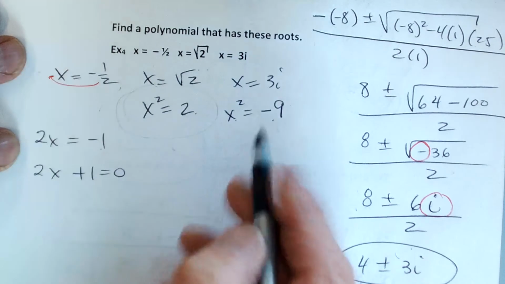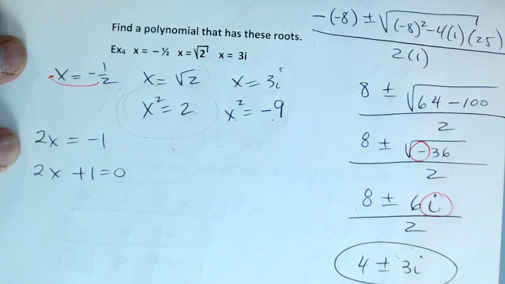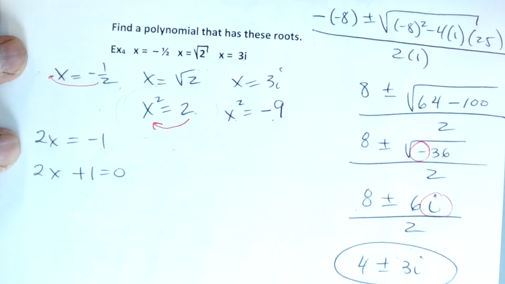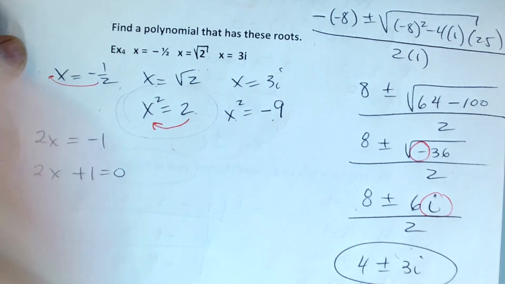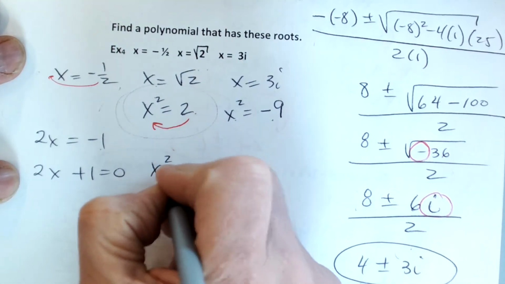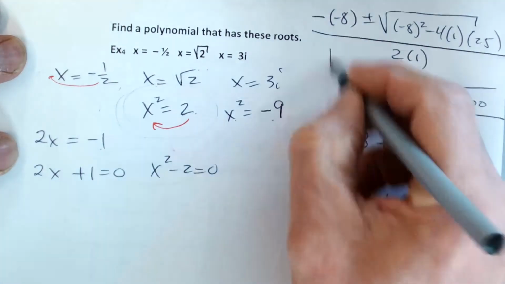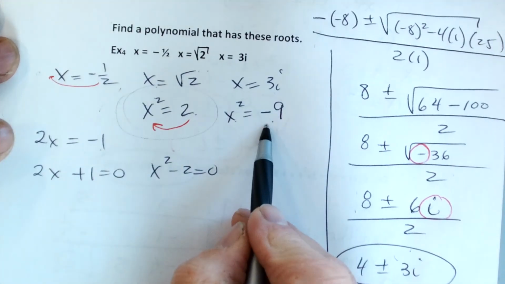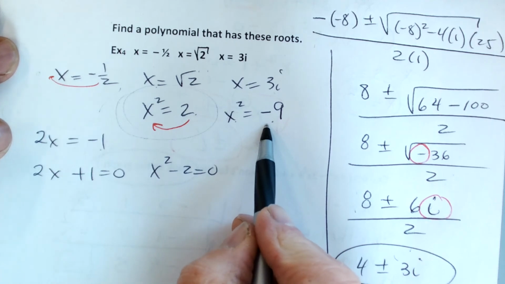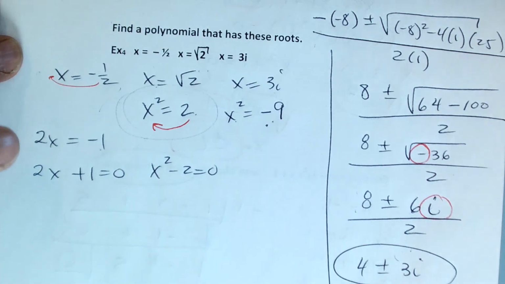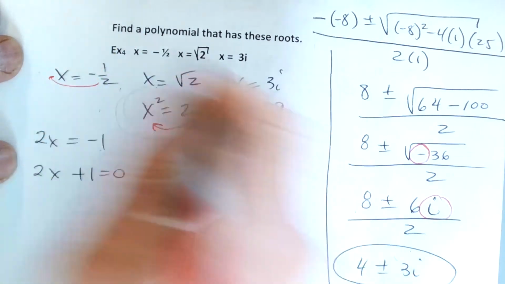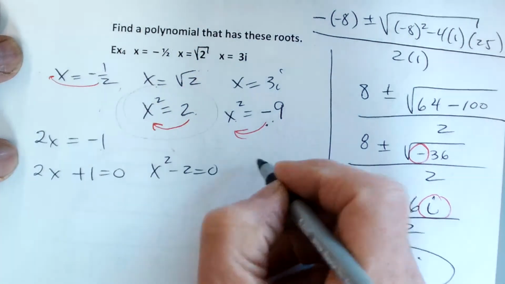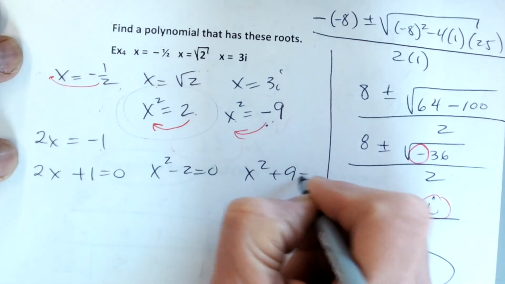And then this one, if I bring over the 2, I have to subtract 2, so it would have been x squared minus 2 equals 0. And then to get a mini equation from this one, I'll bring over the negative 9 by adding it, and I'll get x squared plus 9 equals 0, okay?